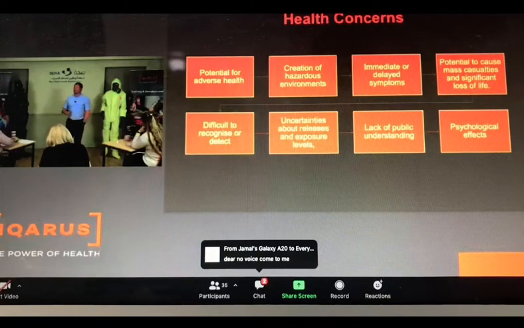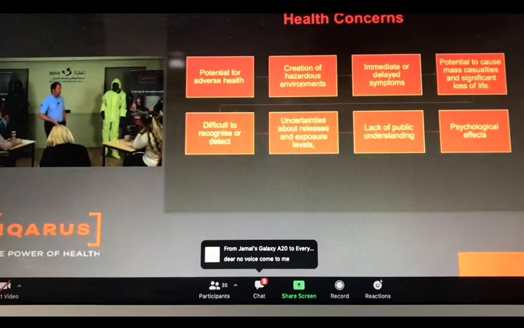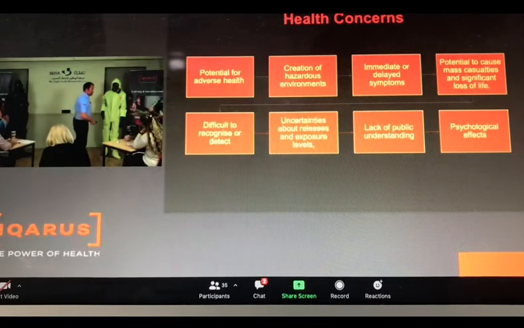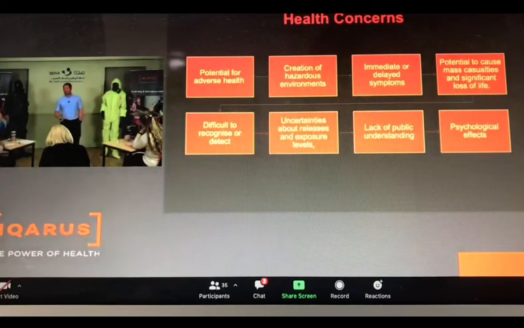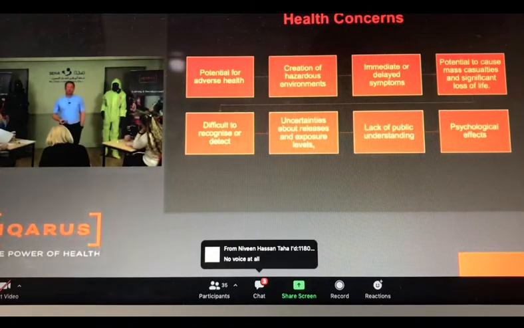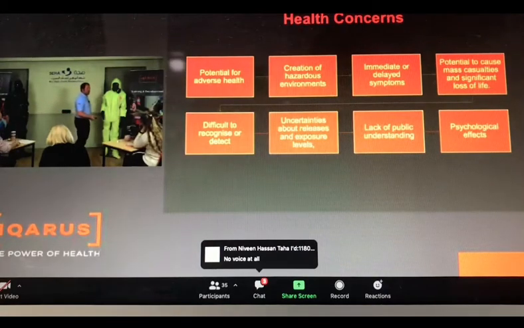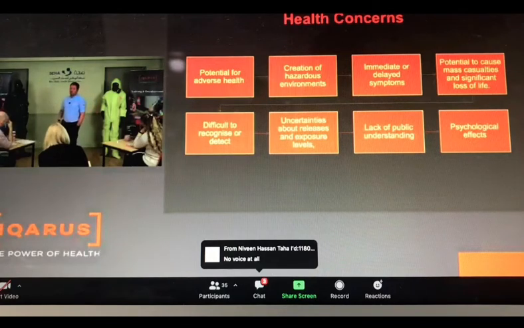Because of the way these agents work, they do have the potential to cause adverse health effects. Many of them are biological pathogens, which can pass on disease. And chemicals and radiation can cause severe injury. They create hazardous environments. If we look to the Chernobyl incident, when the reactor melted down, this then spread radioactive contamination, making areas surrounding that reactor uninhabitable and unusable for several hundred years.